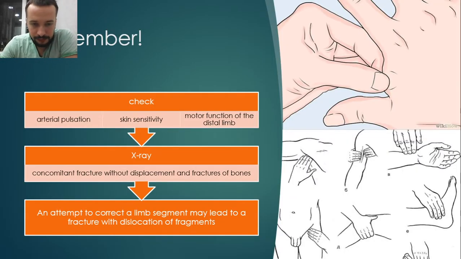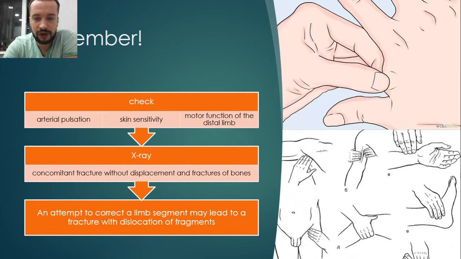Remember, if a dislocation is suspected, it is necessary to check the pulsation of the arteries, skin sensitivity, and motor function of the distal limb. With dislocations, damage to the neurovascular bundle is possible.